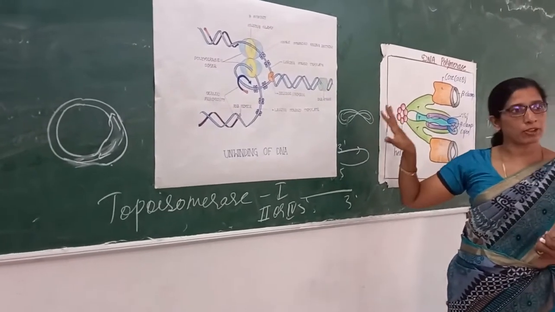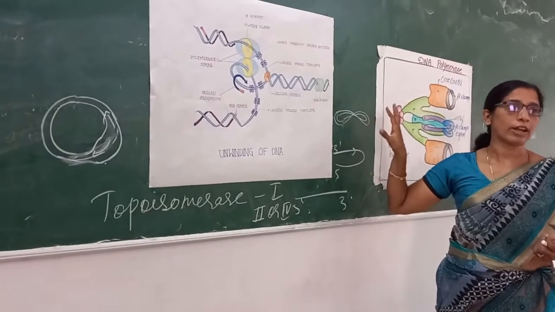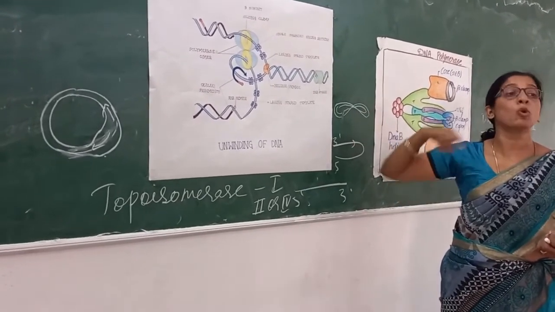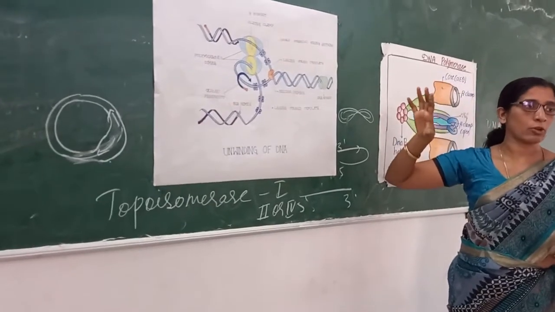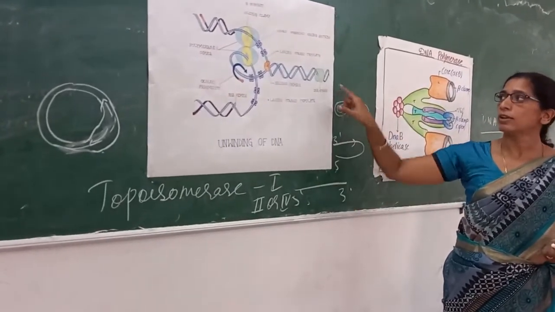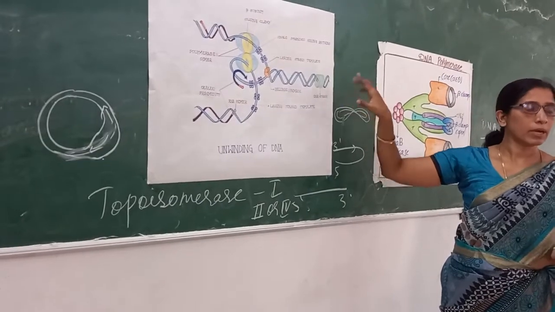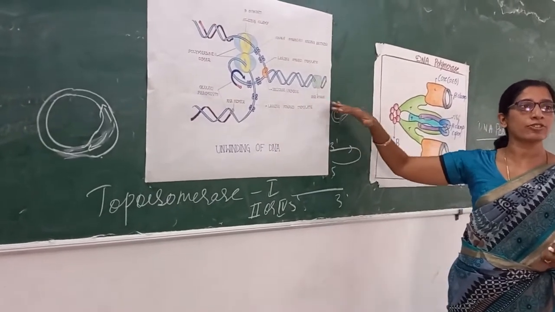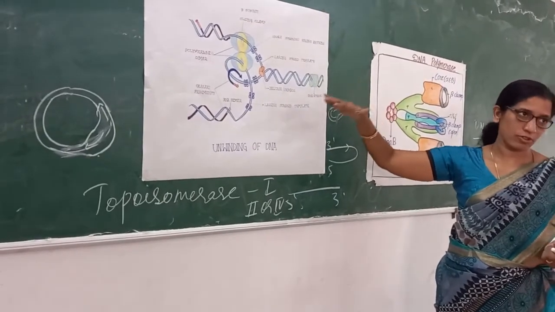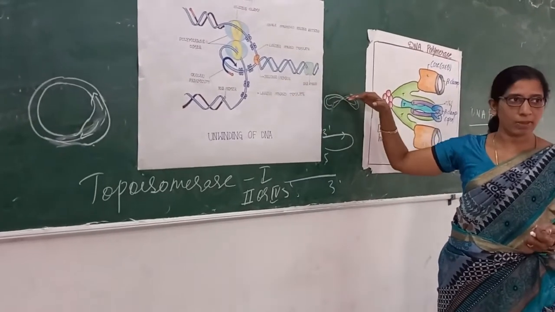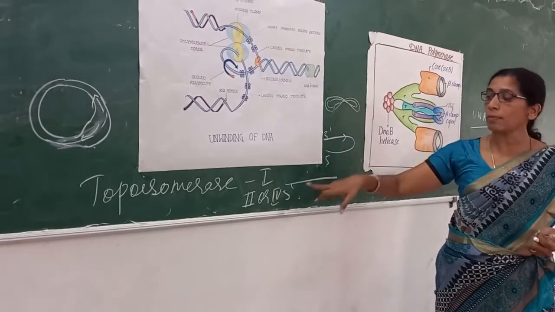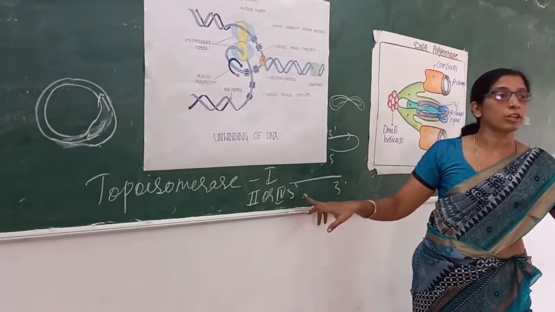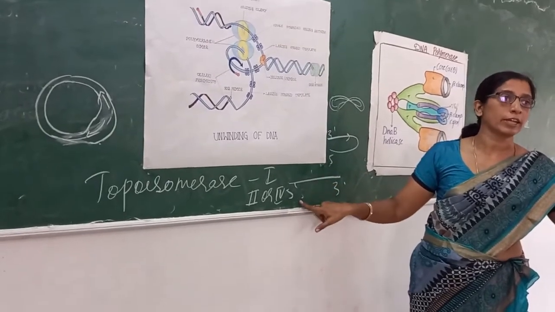So topoisomerase 2 or 4 or gyrase is required when supercoiling is introduced, or a loop comes out in the circular DNA. Here we wrote gyrase, but what we understand is that topoisomerase 1 acts continuously as the process starts, and when it goes some extent, you require the help of the other topoisomerase 2 or 4, or you can say gyrase, which cuts both the strands with the help of ATP.